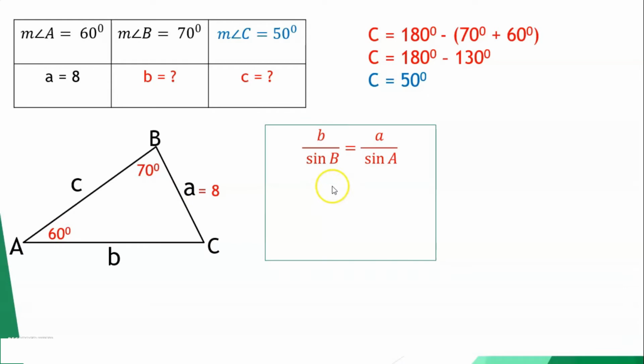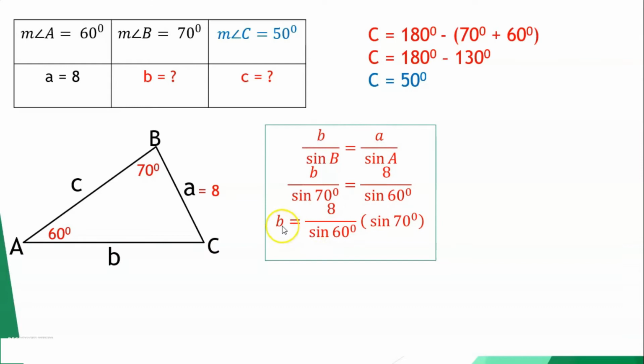At this point, let's substitute. B is 70 degrees, a is 8, and angle A is 60 degrees. Cross multiply this, we will get this. Using your calculators, 8 divided by sine 60 times sine 70 degrees, the result here is approximately 8.68.